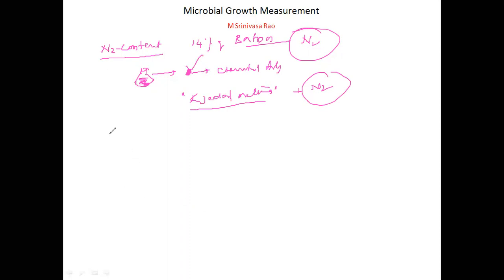Another method to estimate microbial growth is measurement of metabolite. Microorganisms produce and release a variety of metabolites into the environment. In many cases, the amount of metabolite produced is proportional to the magnitude of the bacterial population.